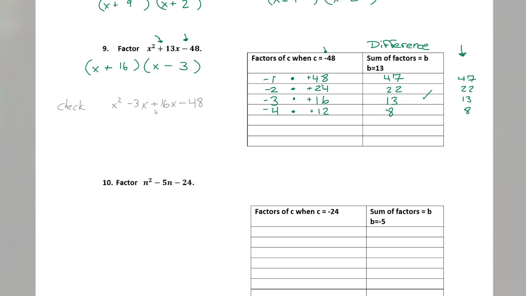And we're going to simplify. Negative 3 plus 16 is 15x. Sorry, I kind of jumped ahead there. So this matches up. So we're good.